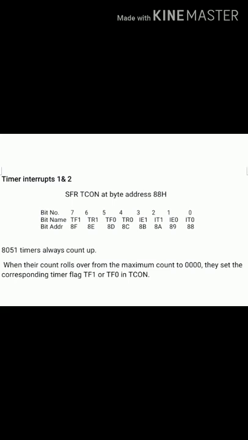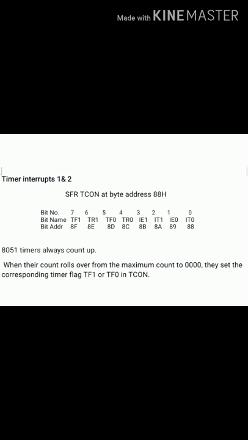So how will you get to know that a timer interrupt occurs? The timer 0 overflow is known with the help of TF0, and you can see it on the screen, and the rollover of timer 1 will be let known to us with the help of TF1.